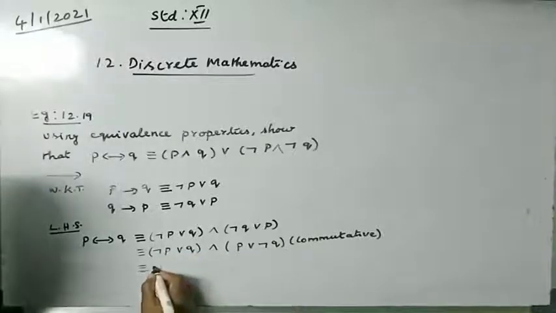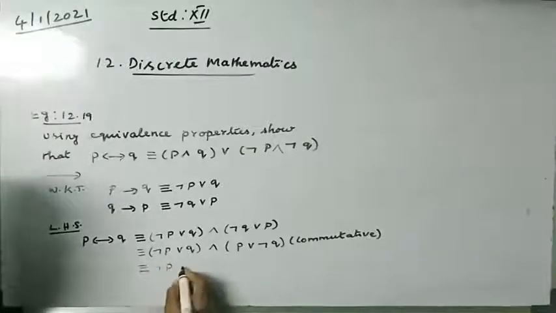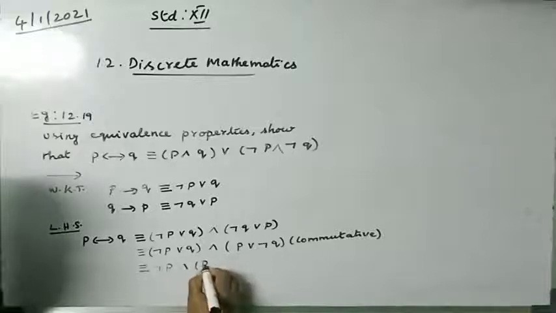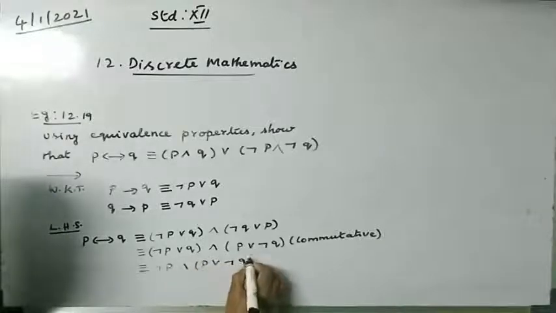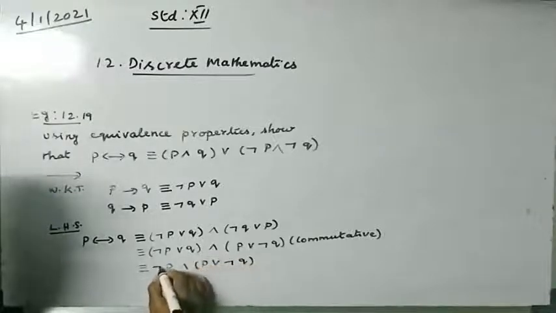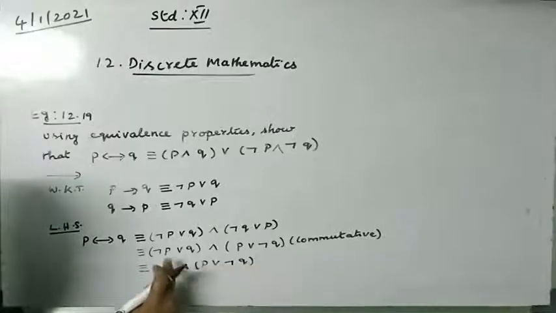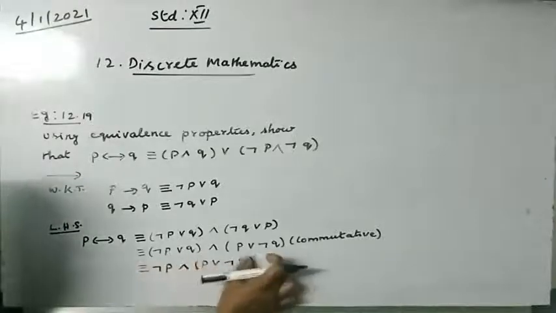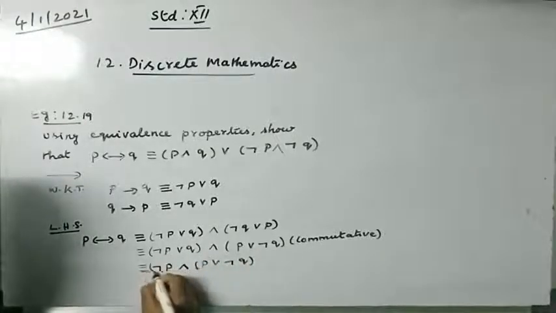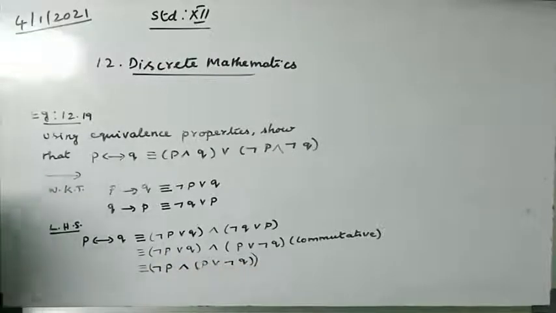So negation of P intersection P union negation of Q. So negation of P and P union negation of Q. இந்த நம்பர் intersection இந்த நம்பர் எடுத்திருக்கோம். இது ஃபுல்லா ஒரு நம்பர். அதுக்கப்புறம் நடுவுல இருக்கிற இந்த யூனியன்.